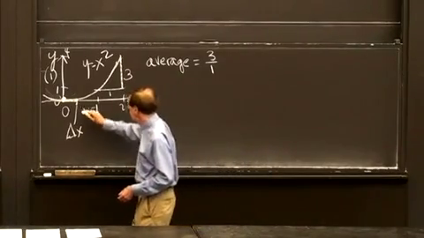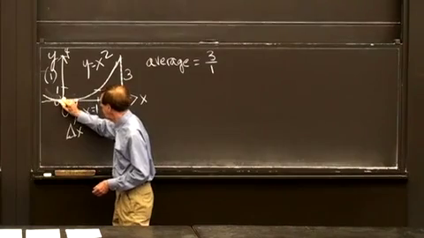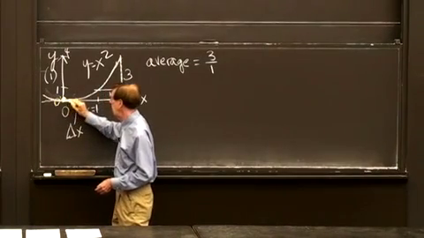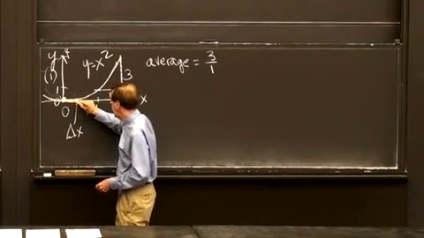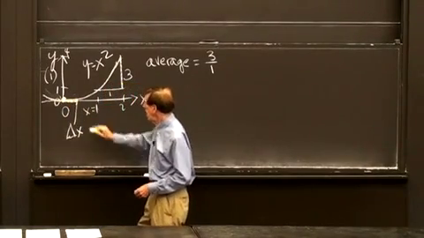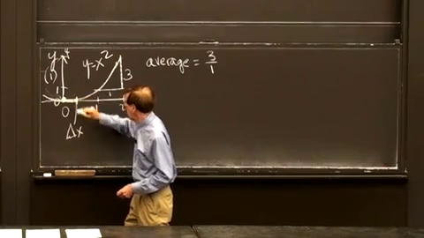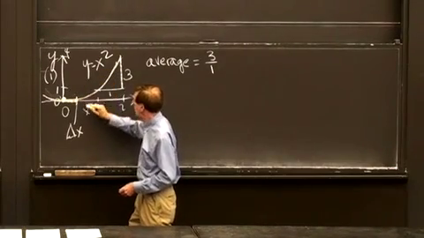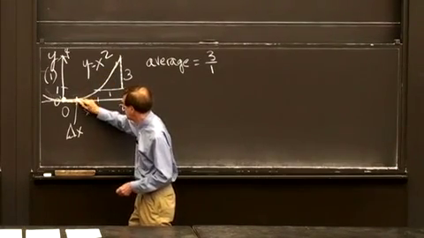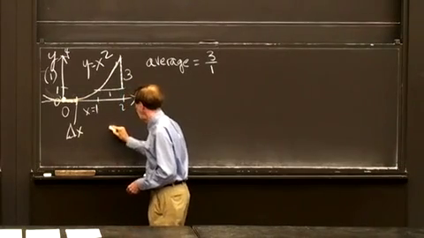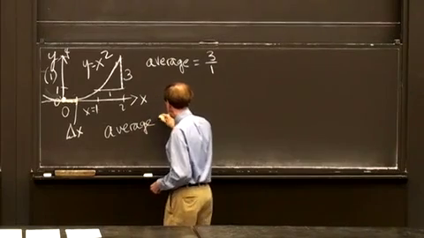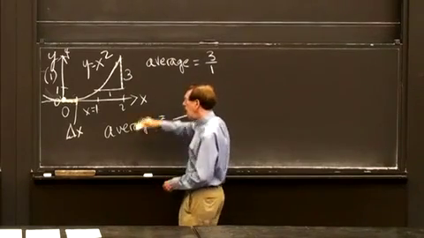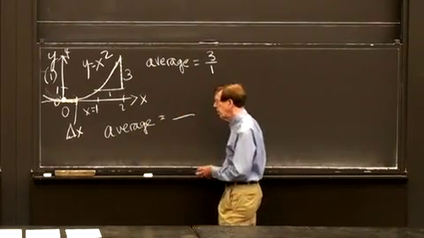And then, what's the average? I'd like to find the average speed or average slope. If I go over by delta x, how high do I go up? Well, the curve is y equals x squared. So the average is up divided by across.